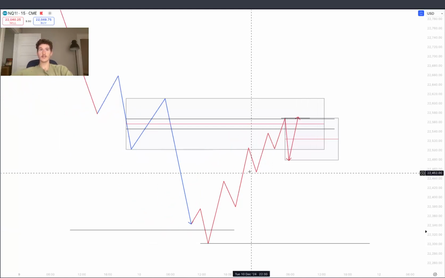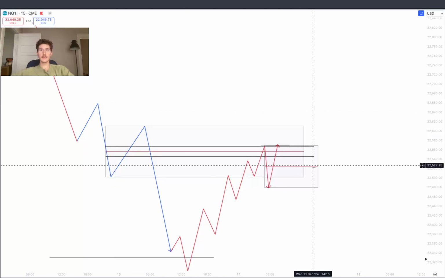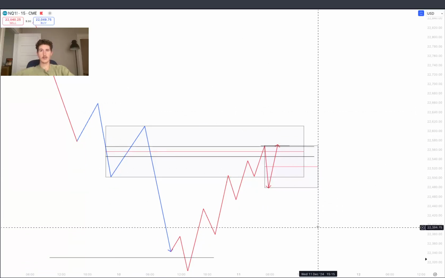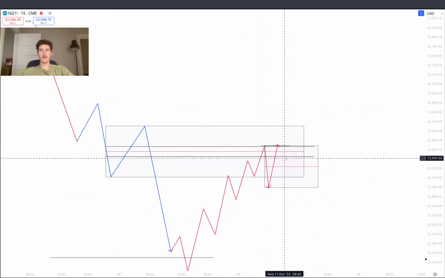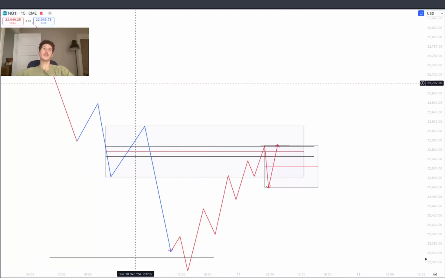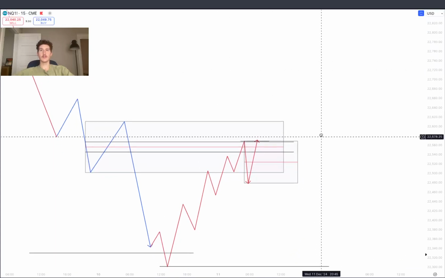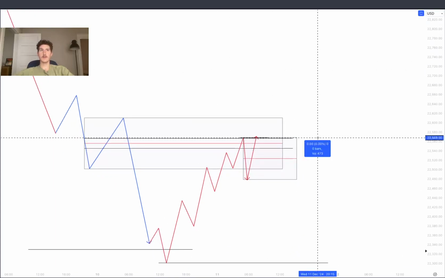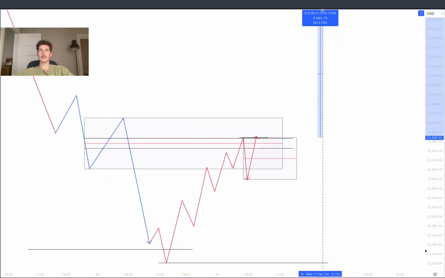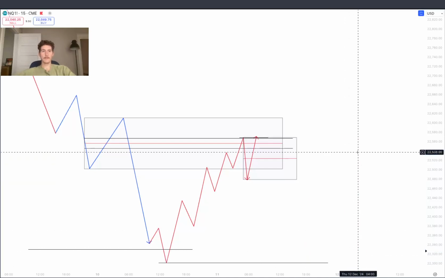So if my target is right here, then I need price to retrace, or I need price to establish something inside of here that I can bet on holding. And if the target's way up here, then it's a lot easier for me to justify just hopping in, because my risk versus reward can be positive.